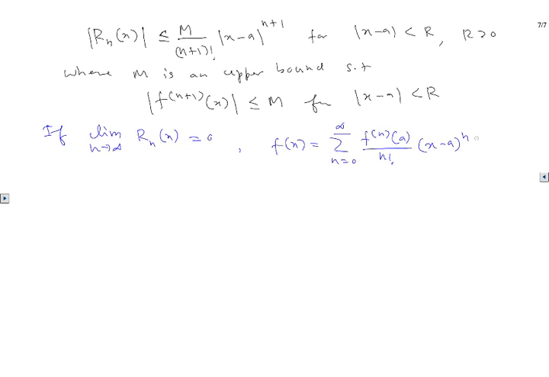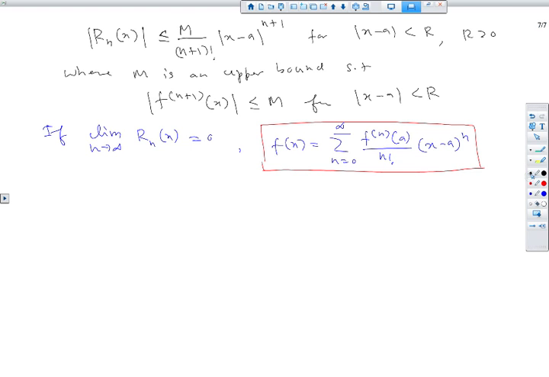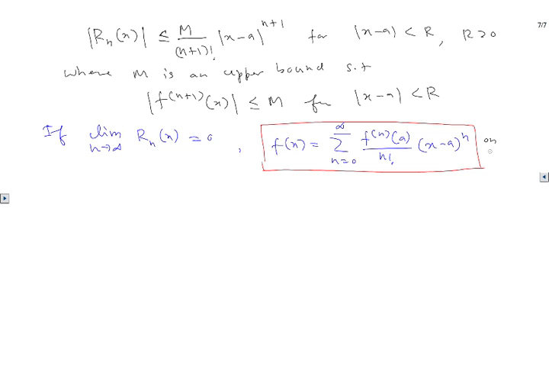We can write it like that if the error is 0. That means it's going to converge. So that's the kind of theory. This happens on some interval about a. Good, so that's the kind of major things.